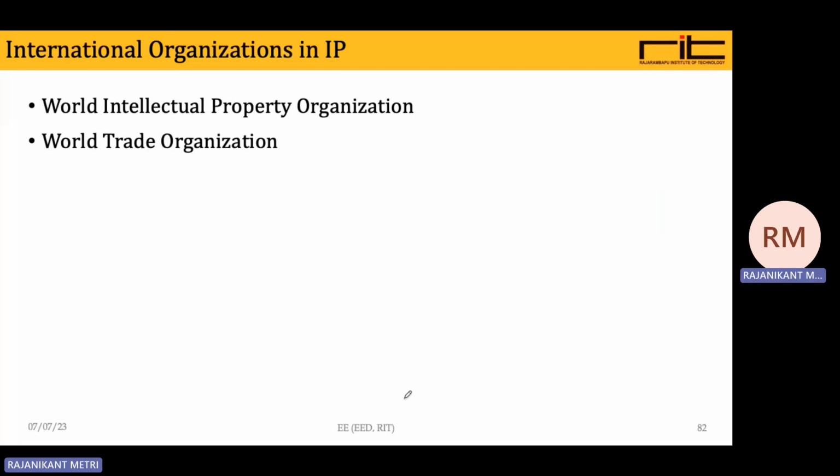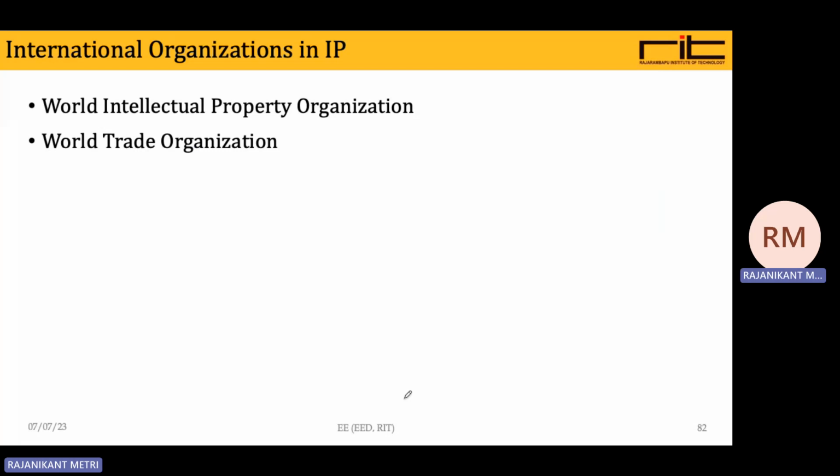So what do we mean by licensing of an IP? A license is a permission granted by an IP owner to another person to use the IP on agreed terms and conditions, while the owner continues to retain the ownership of the IP.